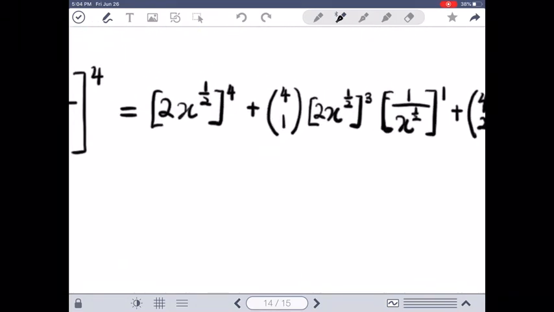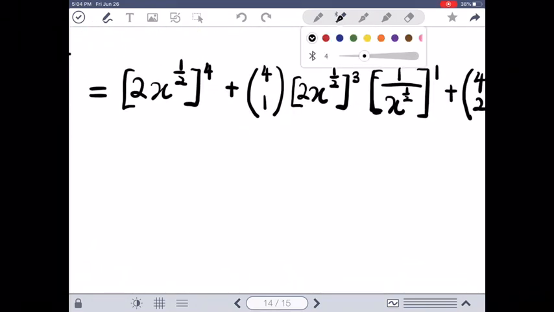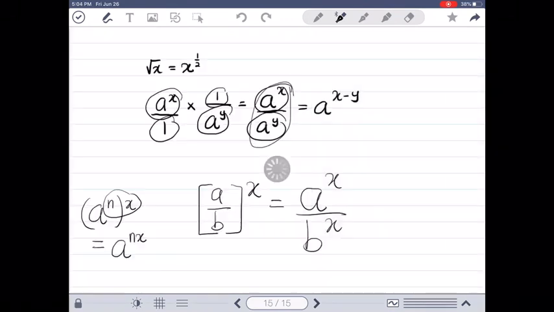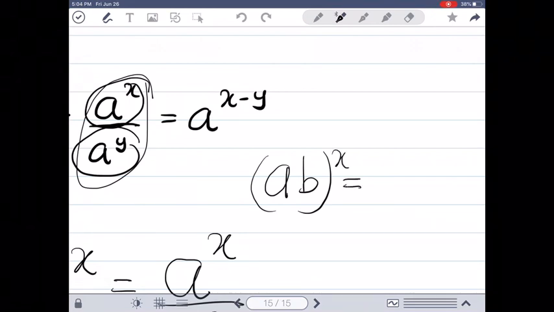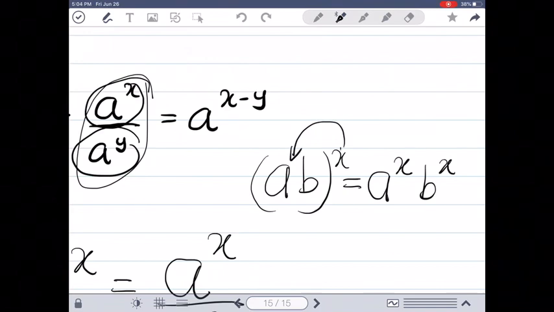So right now, we need to simplify these terms. The first term becomes, remember, again, properties of indices: if we have (ab) to the power of x, this is just equal to a to the power of x, b to the power of x.